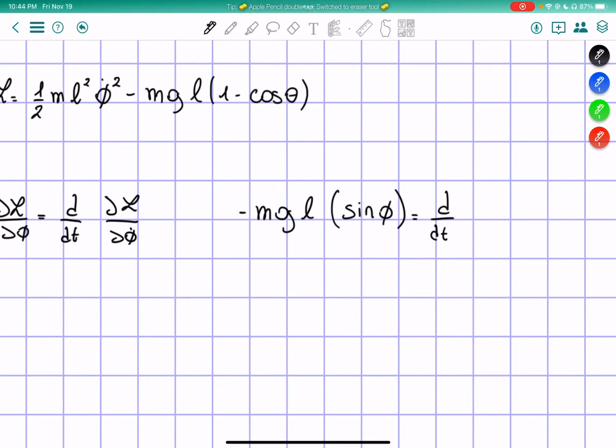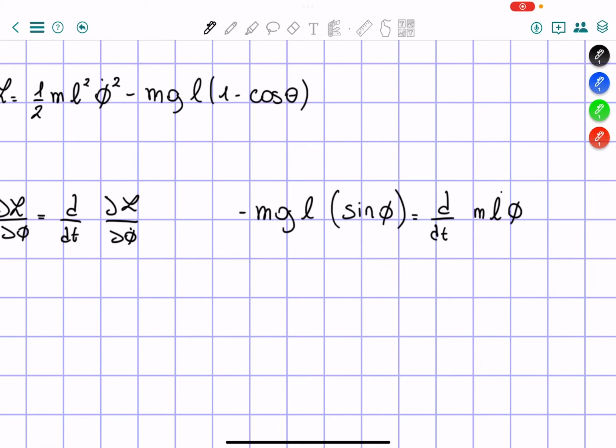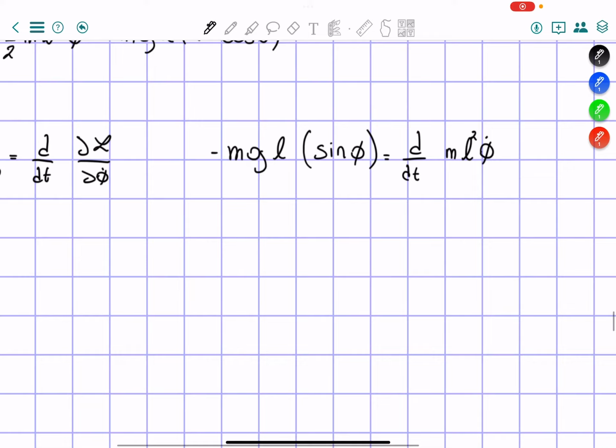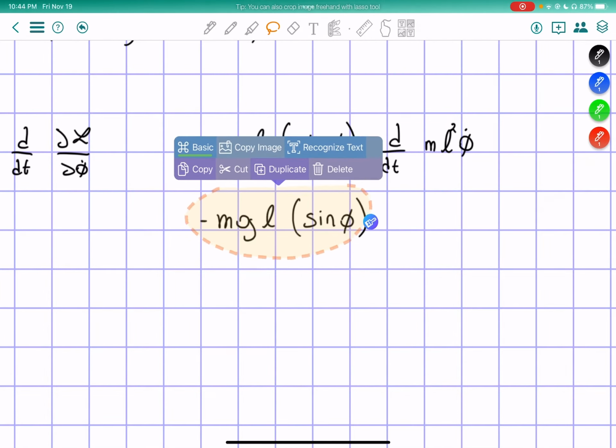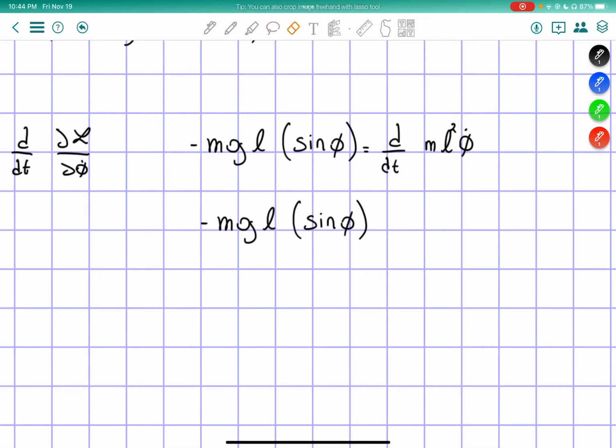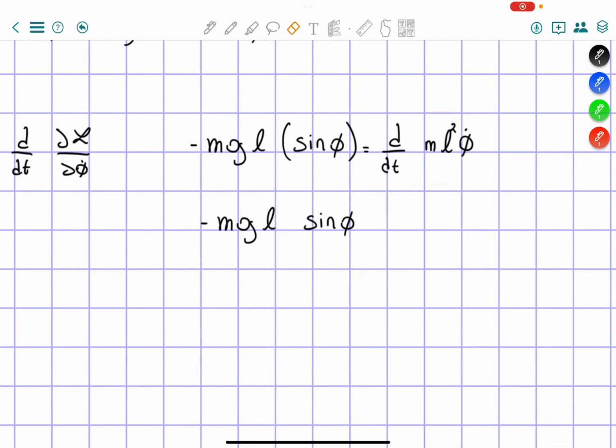The derivative of this is going to be equal to m L squared phi dot. And so if we solve this, it is equal to the derivative in terms of time, so it's going to be m L squared phi double dot.